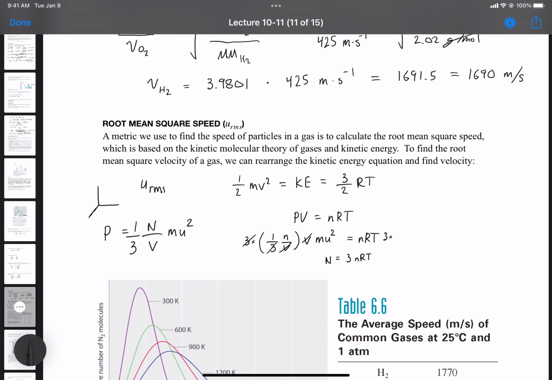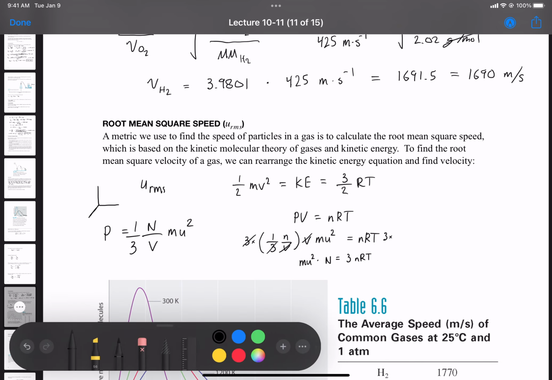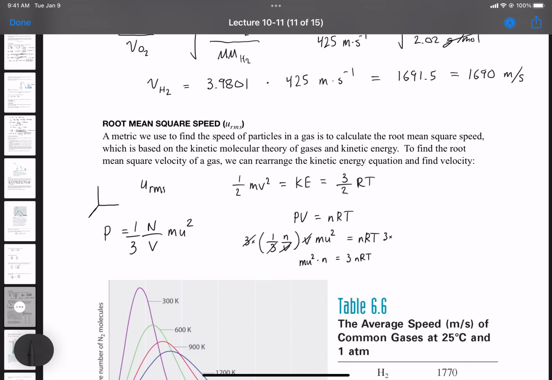Okay, so now we have mu squared times N equals 3nRT. Now, if we divide both sides by N first, we get rid of the N's here, and we have mu squared over 3RT.